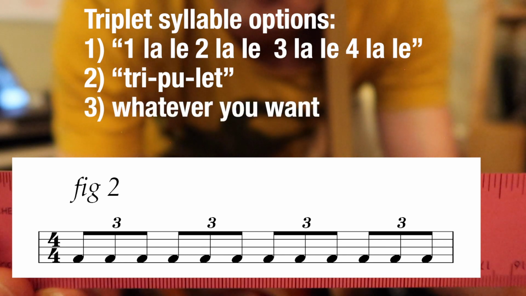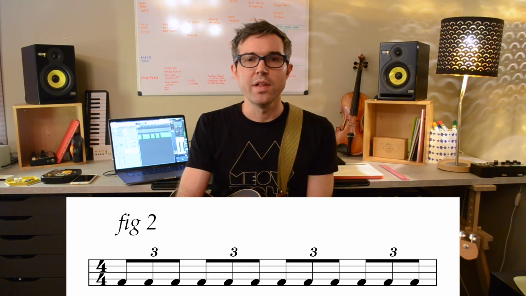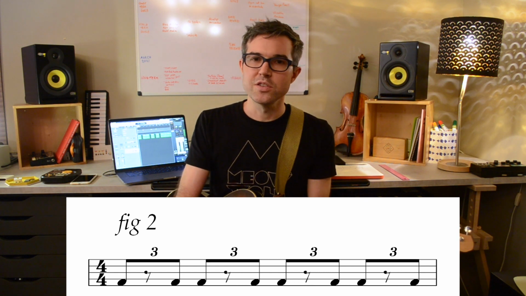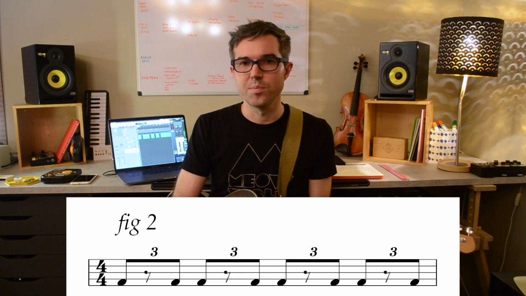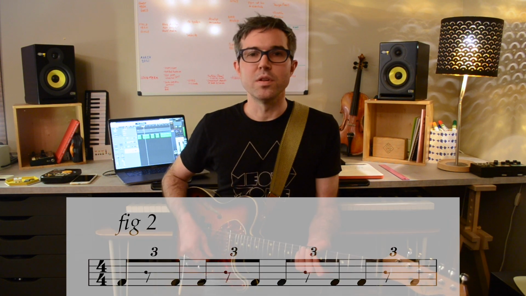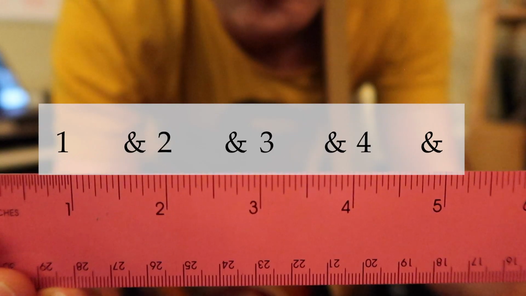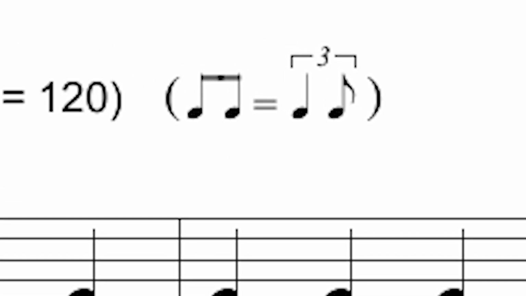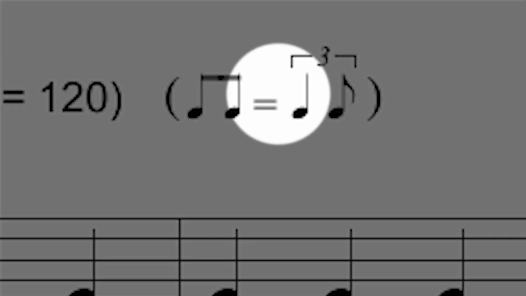If we just play the first and third triplets of each beat, we get pretty much that same swing feel that we just played before. Meaning that to a certain extent, if you want to get a swing feel, you can just think, every time I see 2 eighth notes like this, I'm actually going to play this.